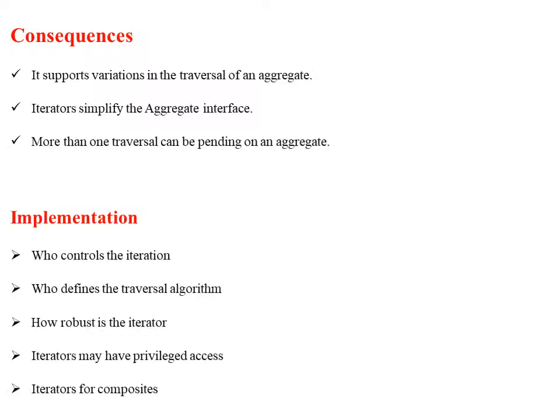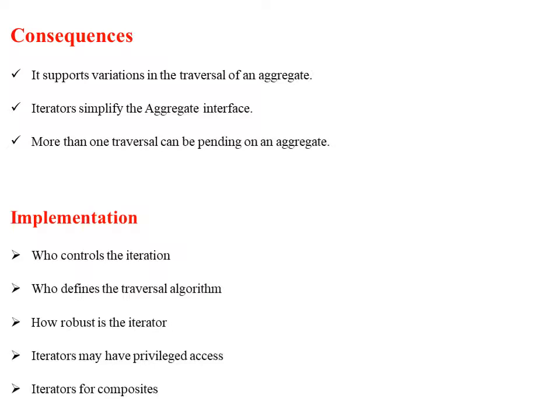Privileged access means if there is any accessing from the abstract list to the skip list, or from the abstract list to the iterator, or from aggregate objects to the iterator, or from concrete aggregate objects to the concrete iterator, wherever the iterator classes are defined, to access those objects sequentially there needs to be privileged access rights for every iterator class. So this is also a main implementation technique.